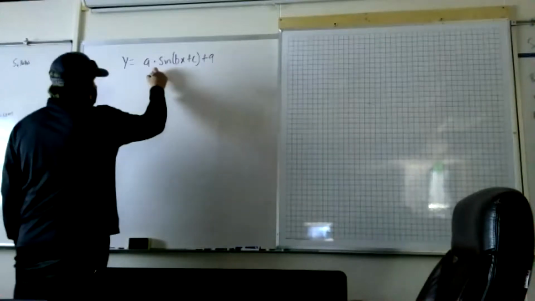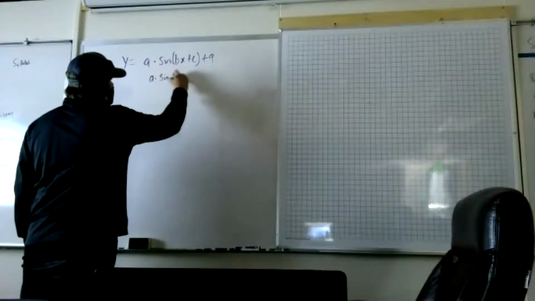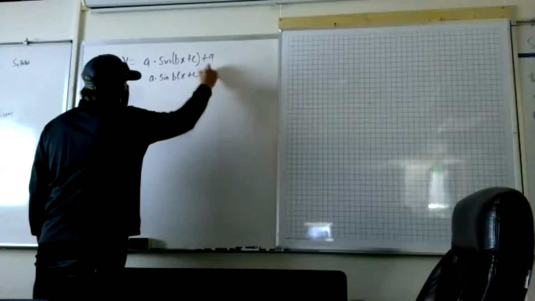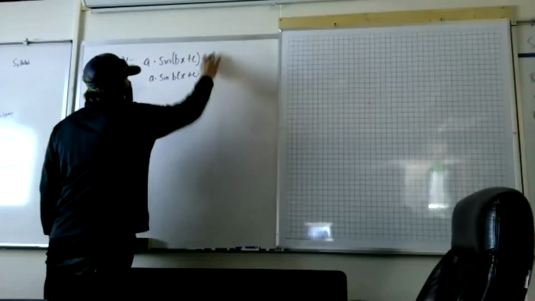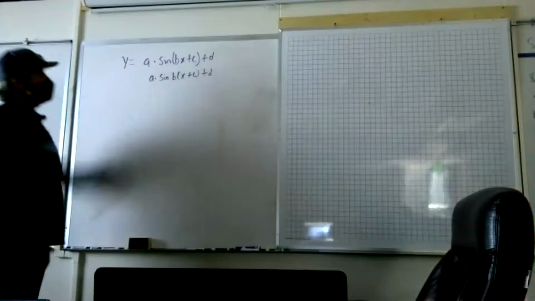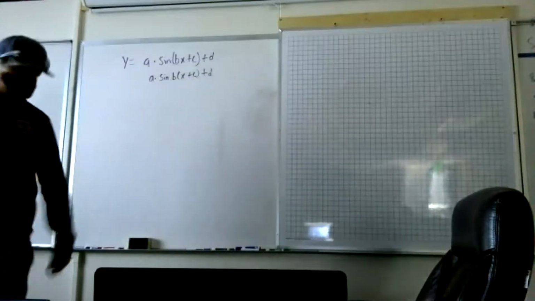Sometimes you'll see it written like this: a times the sine of b times x plus c, or theta plus c, plus d. Just understand that b is factored out. It's what's known as the periodic factor.